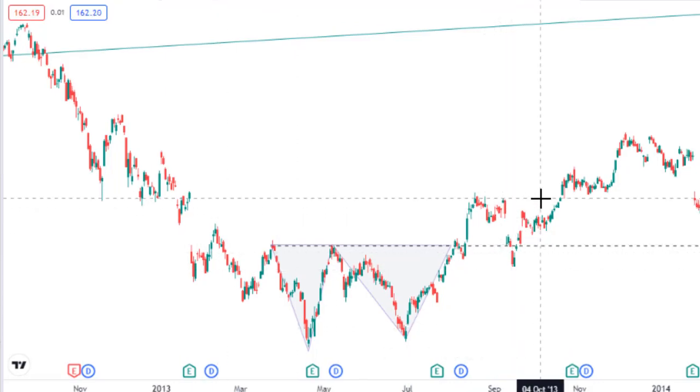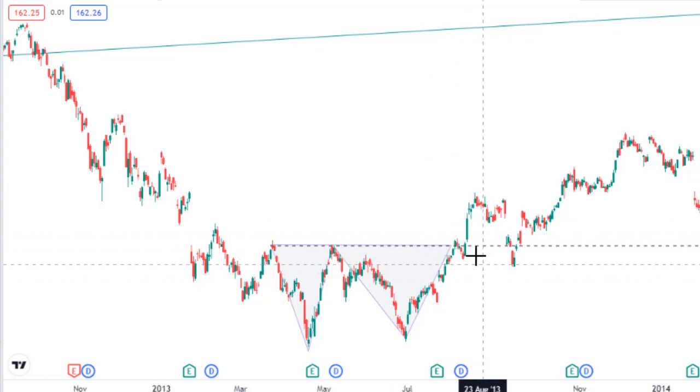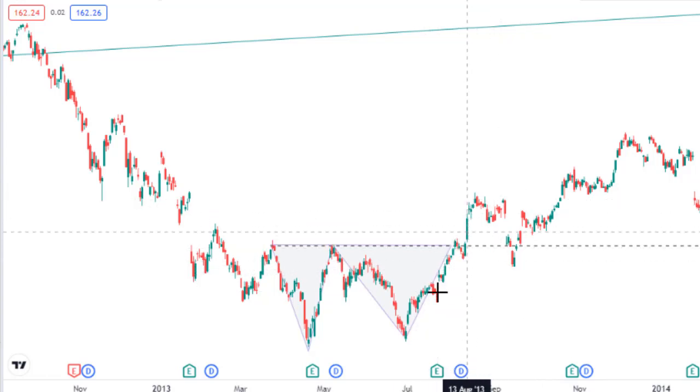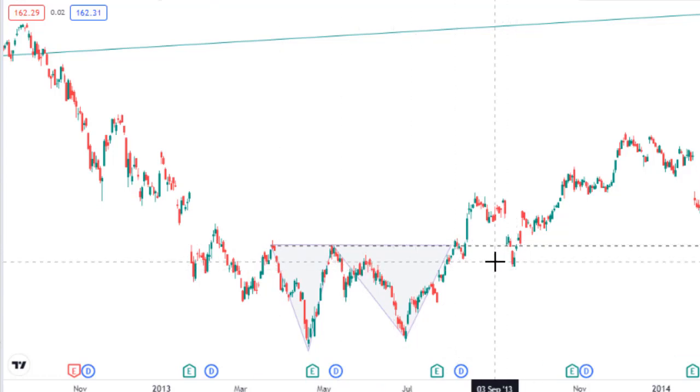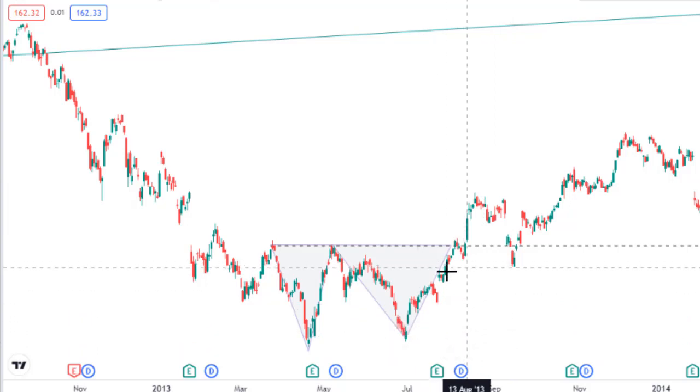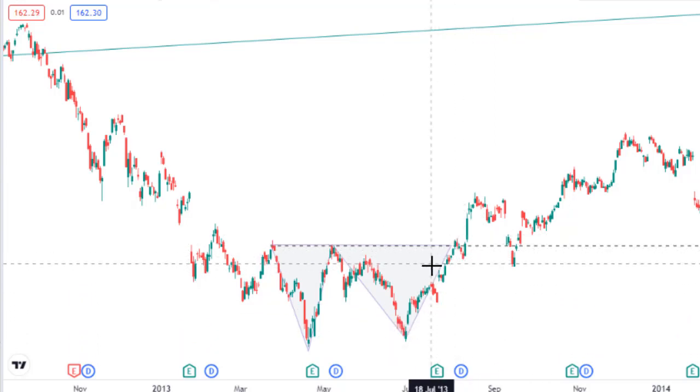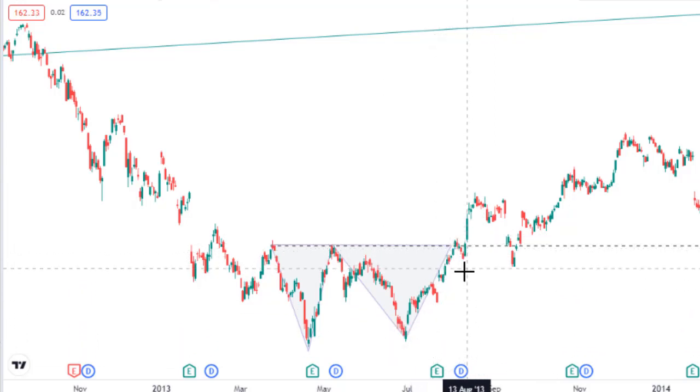As I mentioned before, we have two ways to enter this position. When price breaks out of the neckline, we can put a position in my way, and this is the base or supply and demand zone that I said before.